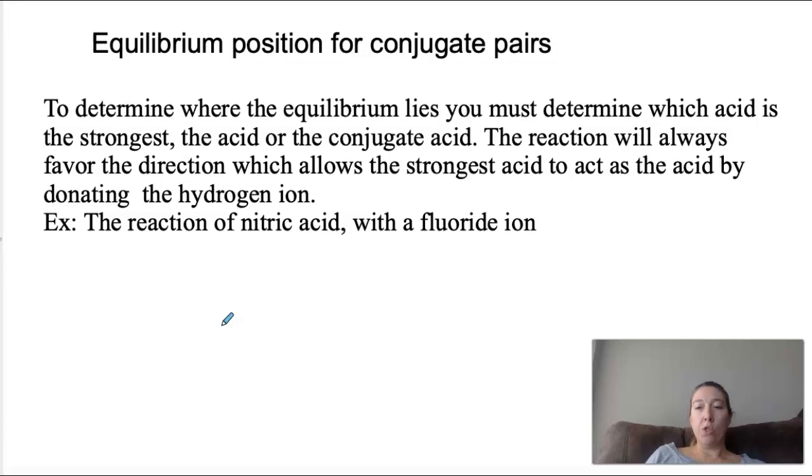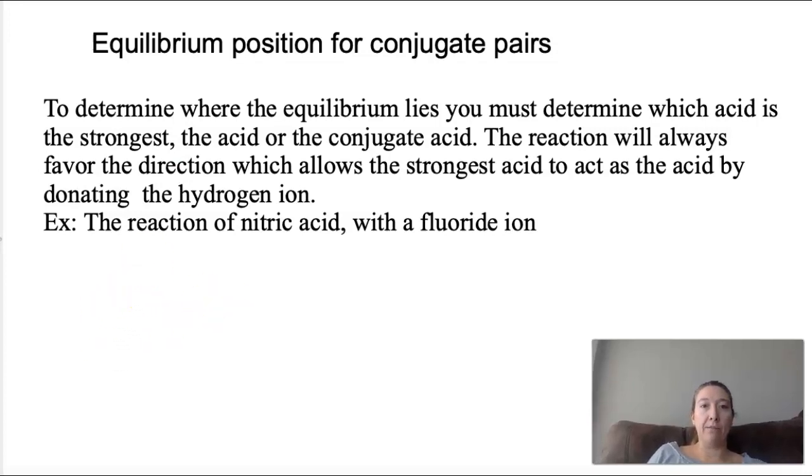So what I need to do to figure that out is basically identify my acids and my bases. Once I figure out what the acid is on the right side of the equation, I'm going to figure out what the acid is on the left side of my equation. I'm then going to go to that data table and figure out of those 2 acids, which one is stronger. Whichever one is stronger is going to actually act as the acid, right?